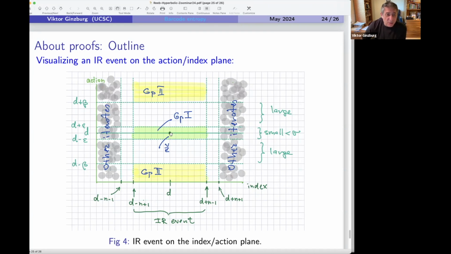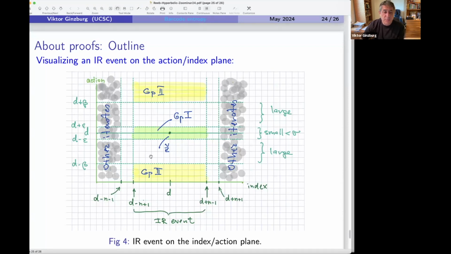At the very center of this picture, we are going to have the iterated hyperbolic orbit. We have also the iterations coming from the index recurrence event.